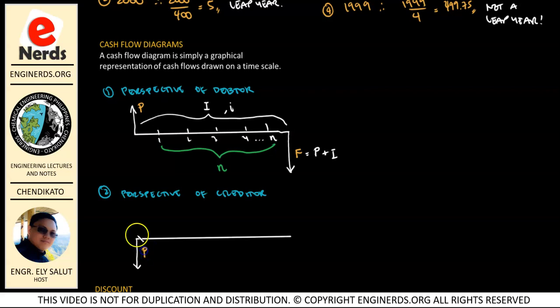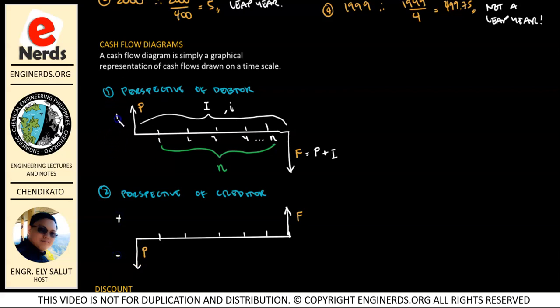And then, after some time, magbabayad ang ating debtor. So, at that point, he will receive itong future amount. Dahil tumanggap siya ng pera, that's why it's going up. So, sa taas ng line will be tumanggap ng pera, so it is positive. At sa baba ng line, nawalan ng pera, so this is negative.